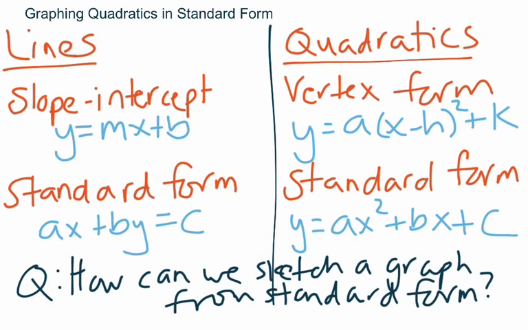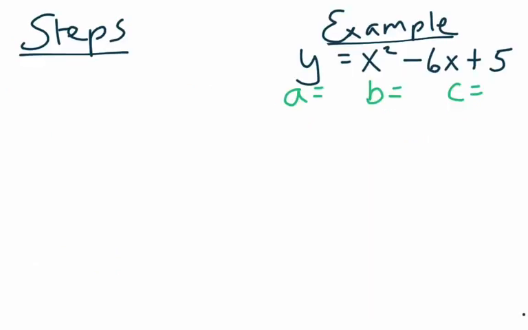But sometimes a problem might give it to you kind of jumbled up. So take care. A is always the number in front of the x squared, even if the function is given to you with the x squared moved over to the end or something. So just be aware of that. A is always the number in front of the x squared.